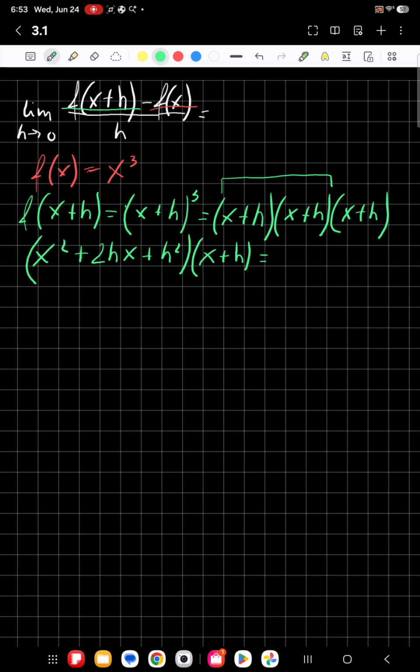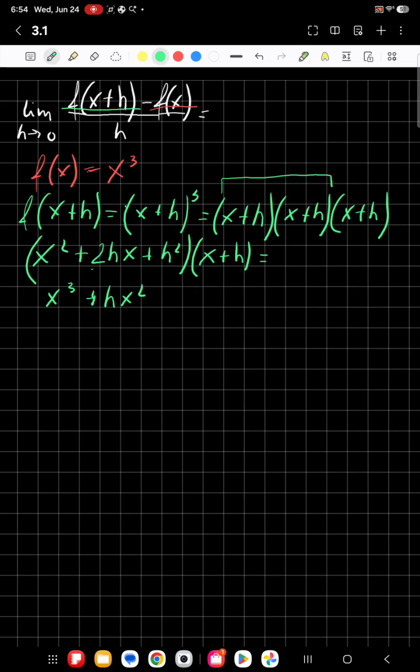Okay, so we get, maybe I'll write it here. So I'm multiplying the first term, so x cubed. Now x squared times h plus h x squared. Now I'm taking this term, right? Well, this is pretty simple algebra. So I'm multiplying this by both, and then this by both, and then finally this by both, right?